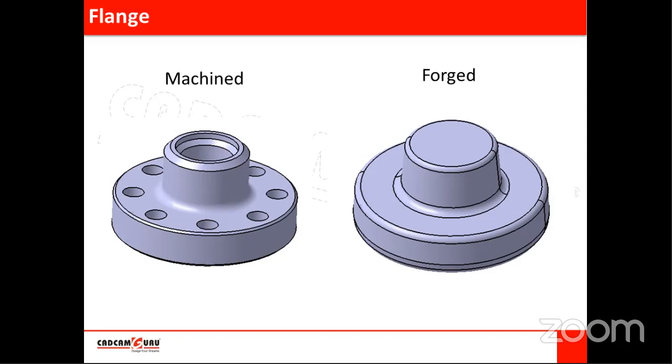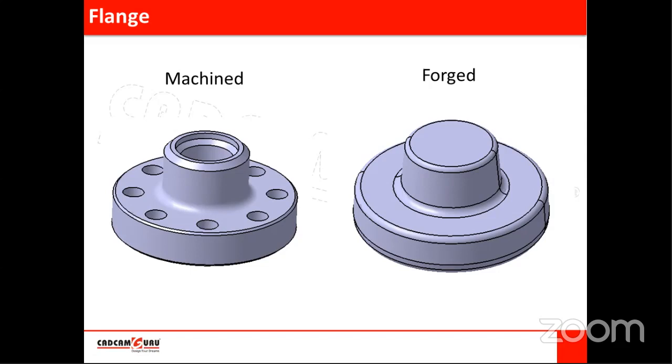That tree is not available when this model is sent to you. It is sent in IGS format, modeled in different software. The forging industry is using different software, so they send it in IGS format or STEP format or any other neutral file format.